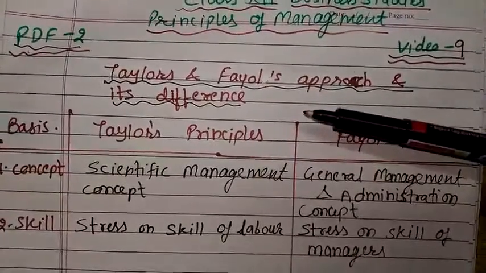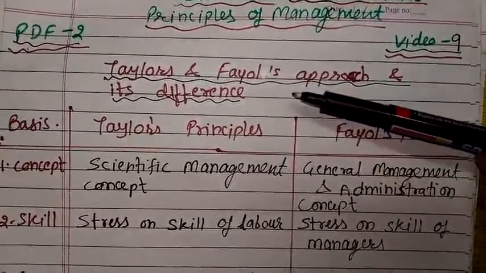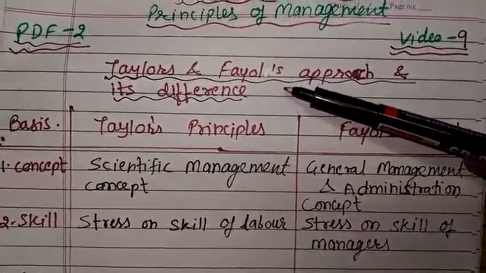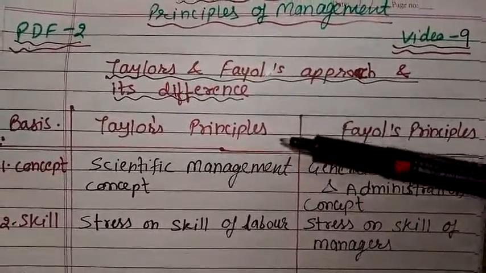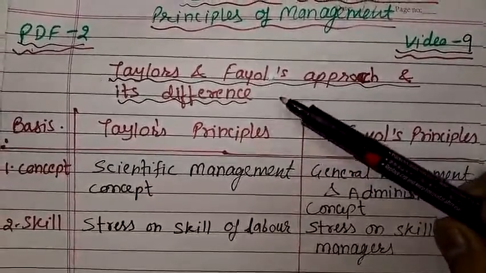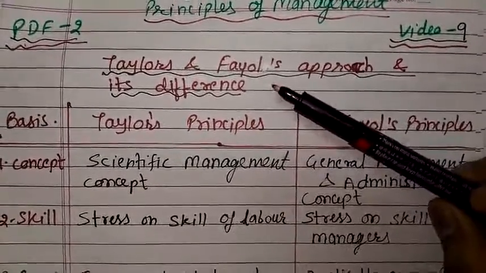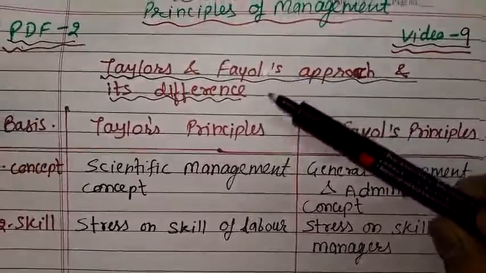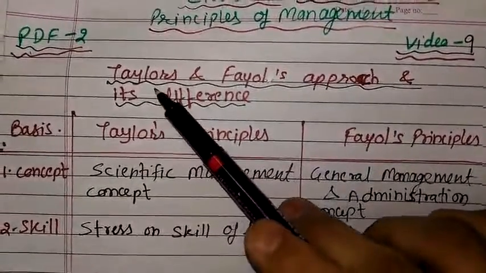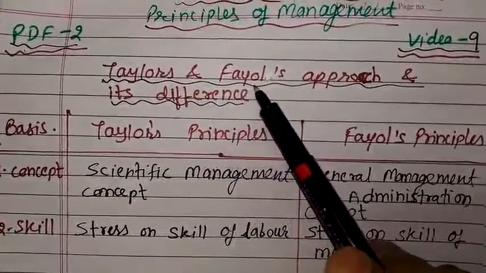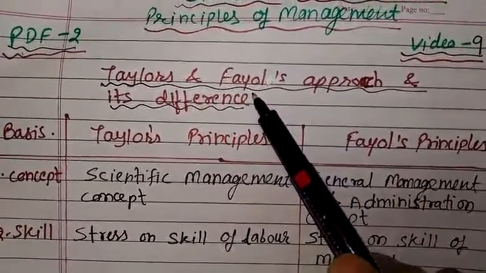As you know, there are some similarities and dissimilarities in Taylor and Fayol's approach. So, what are the differences in Taylor's and Fayol's views or principles? You know that we have already explained Taylor's principles and Fayol's principles individually.